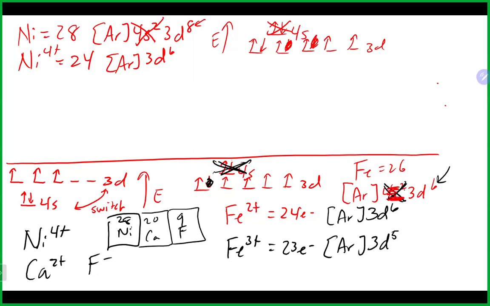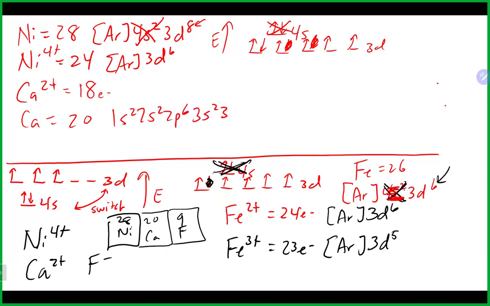All right, going to calcium. Calcium with a +2 charge. Calcium with no charge is 20, and that means it should have 18 electrons, right? And again, with no charge, it is 20: 1s2, 2s2, 2p6, 3s2, 3p6, 4s2.